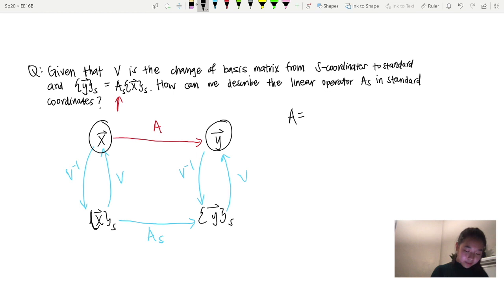So something you can do is V inverse and then A_S and then V. So you start up. And something to remember about matrix vector multiplication is that you always continuously left multiply. So the first operation that we want to do is V inverse. The next you want to do A_S and then multiply by V.